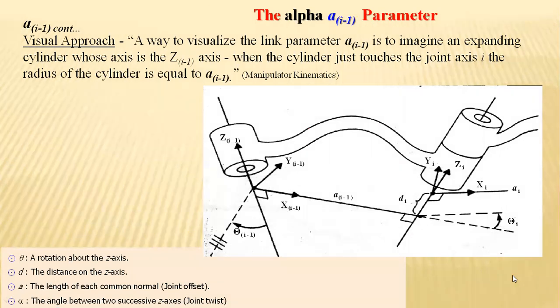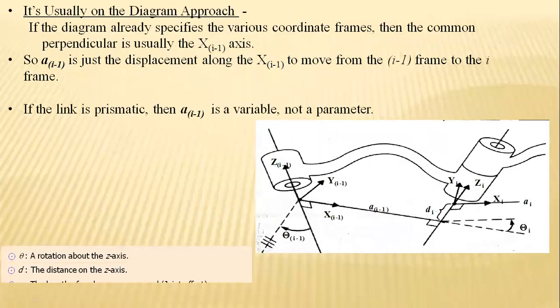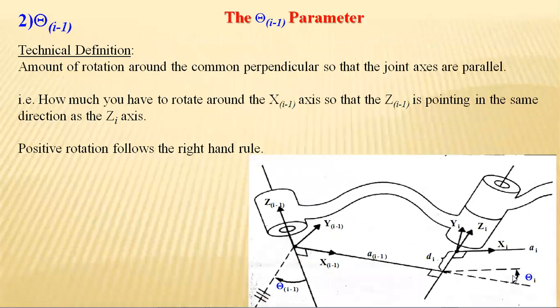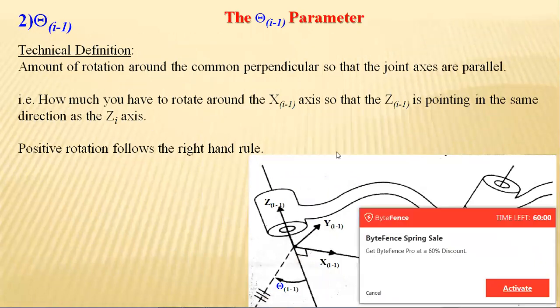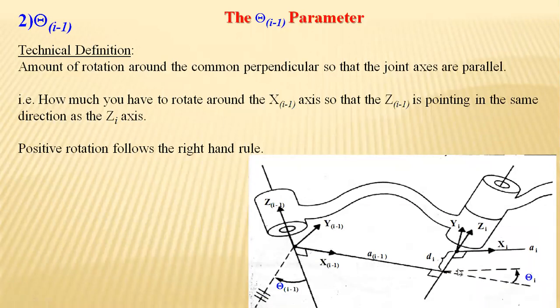The second point to be approached is the theta value. What does the theta value represent here? Based upon this theta, the shifting of the coordinate frame will be considered upon theta rotation of the link.